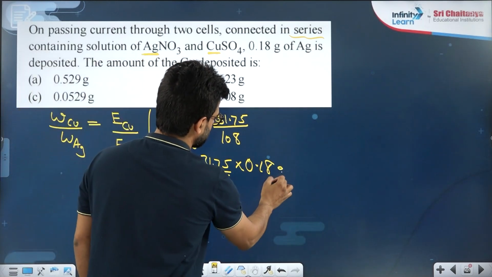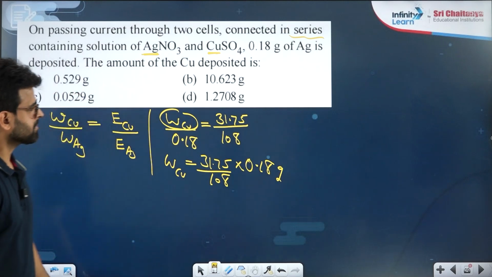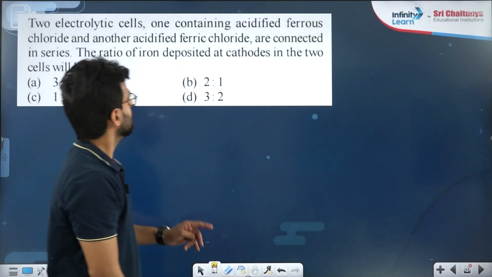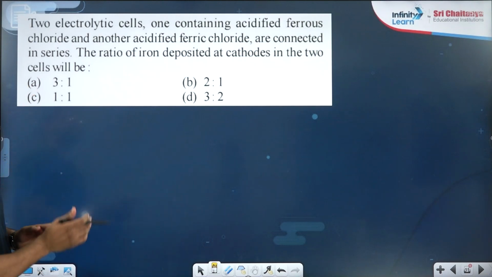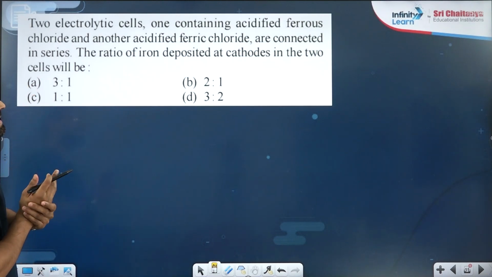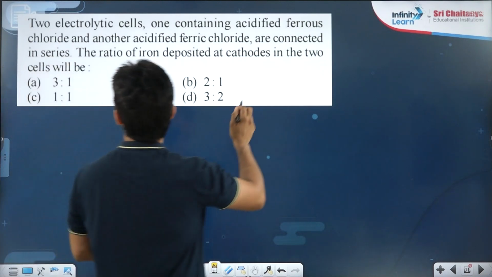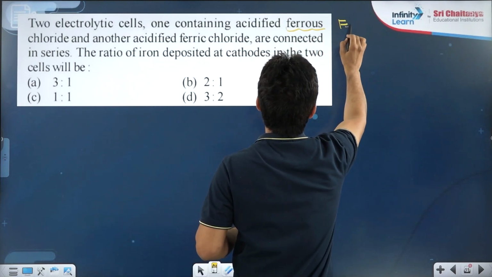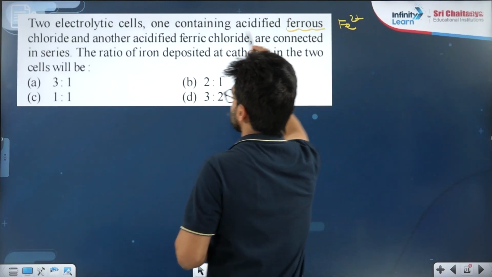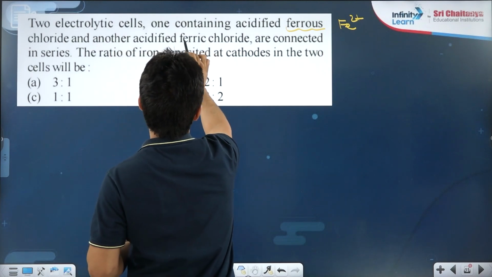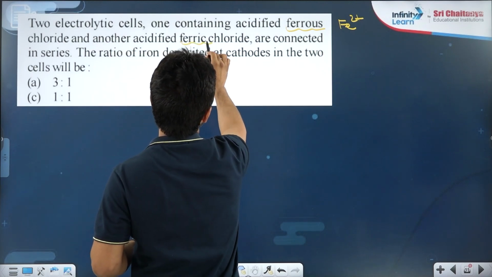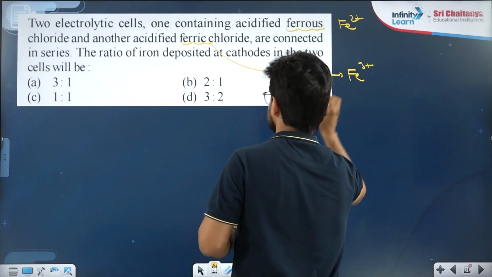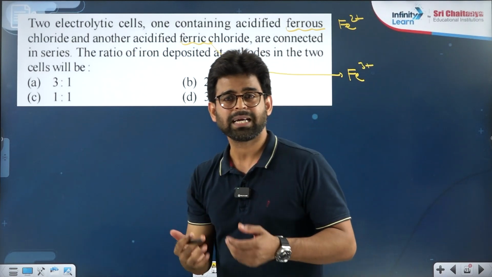Okay, now next thing we will see, next question. Two electrolytic cells, one containing acidified ferrous chloride. Be careful, ferrous means they are saying here Fe plus 2, and another acidified ferric chloride. Be careful, what is the meaning of ferric, beta? Ferric means Fe plus 3. So don't put the equivalent weight blindly.